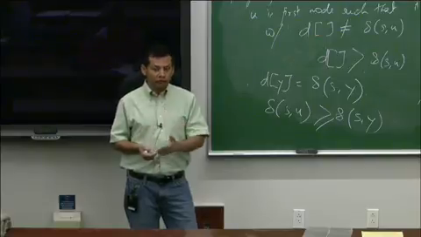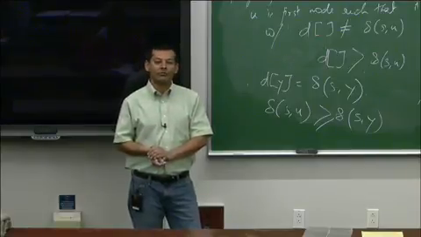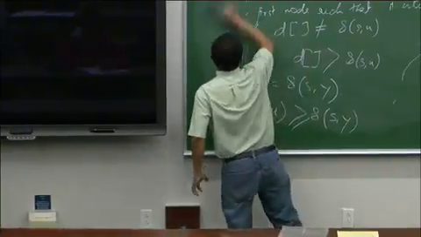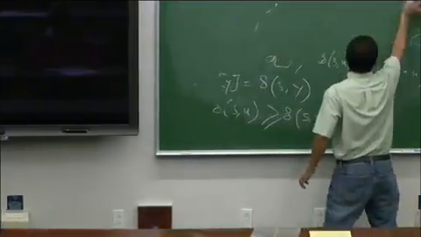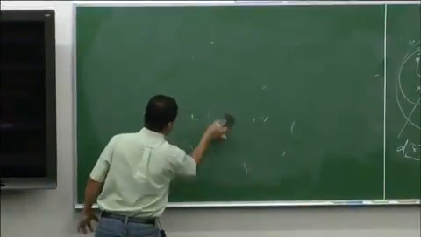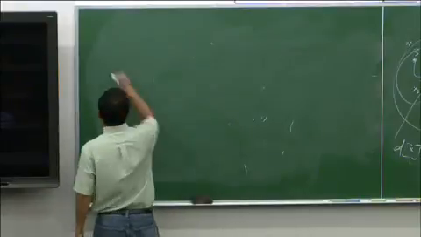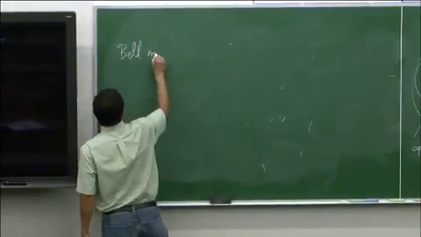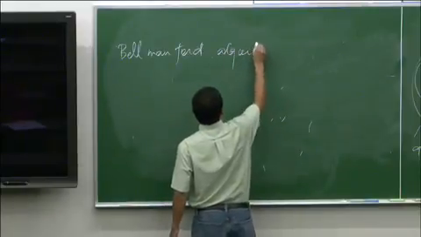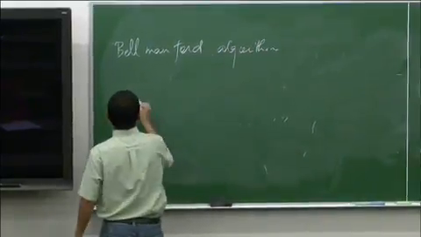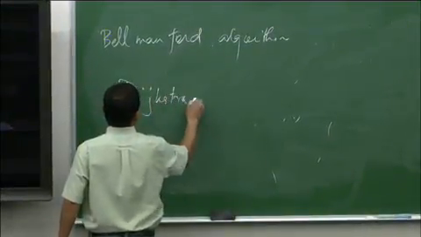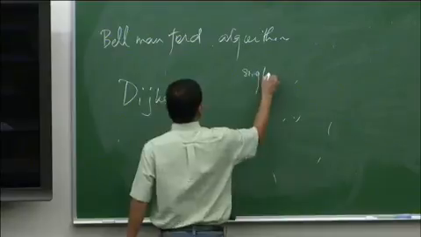Okay. The solution to this is something called the Bellman-Ford algorithm. So, the Bellman-Ford algorithm, as compared to Dijkstra, are both single source shortest path.